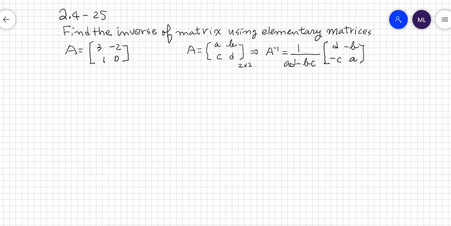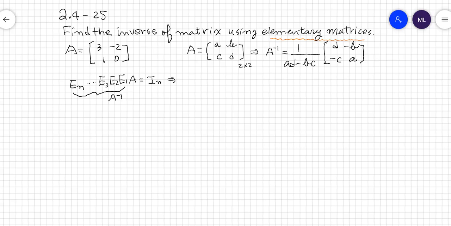But in this question, they are asking us to use elementary matrices. What that means here is, if En through E3, E2, E1 times A is reduced to the identity matrix, then the product of these becomes A inverse.